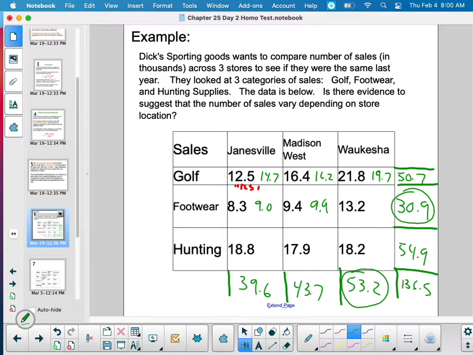Try 30.9 times 53.2 divided by 136.5. Oh yeah, I got it now. I just did the wrong number for the last one. Yep, that'll do it. All right, how about hunting for Janesville? I got 23.0.